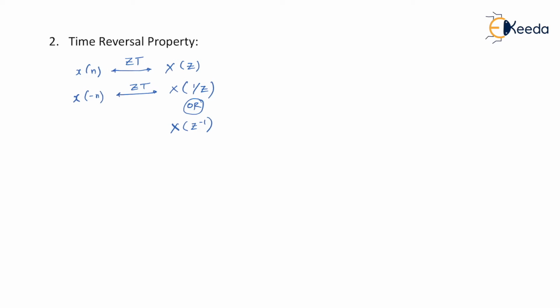We can take the same example of the step signal. For example, you have signal u of n where Z transform is 1 upon 1 minus Z inverse. Am I right? In that case, u of minus n will have Z transform as follows.